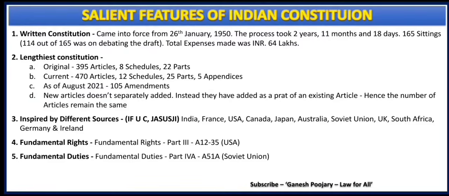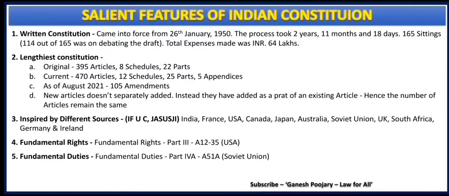But if you refer to the constitution, even today, the last article of the Indian Constitution is 395. How is that? Because the new articles are not separately added, but they are added as a part of an existing article. That is why the end of article is always 395 to date. So that is another aspect you need to remember.